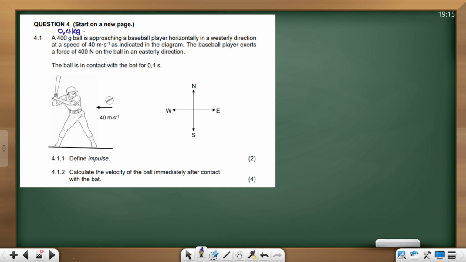A 0.4 kilogram ball. Do you see I've changed my reading? A 0.4 kilogram ball is approaching a baseball player horizontally in a westerly direction at the speed of, I don't know what it is, but take note. Be able to convert kilometer per hour to meter per second.